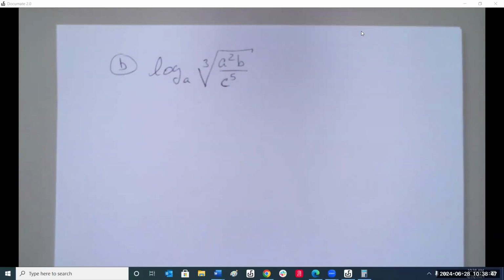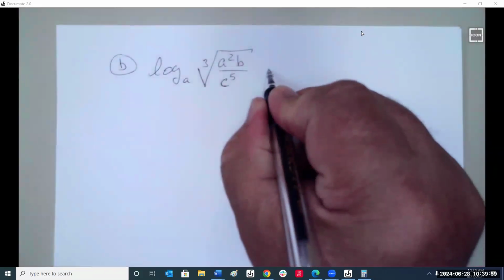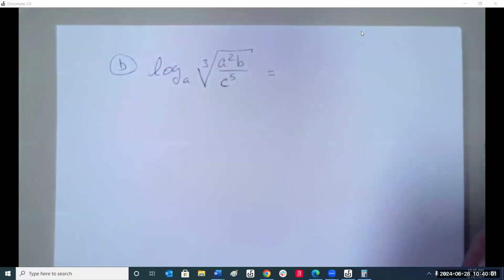This one's going to require me to review the powers, the rules of exponents. So my first step is to get rid of that radical.